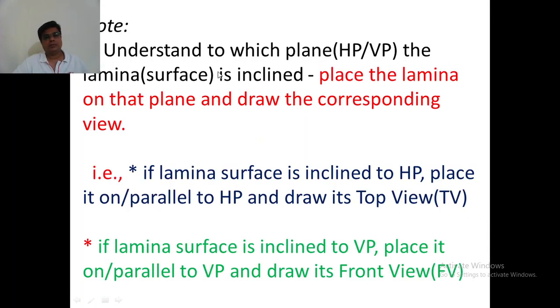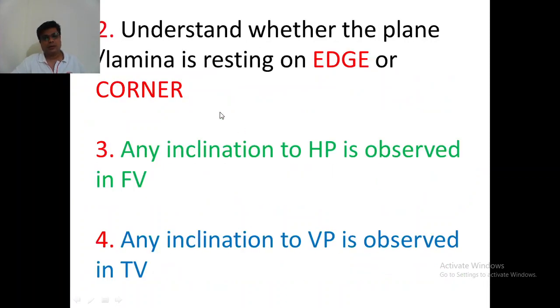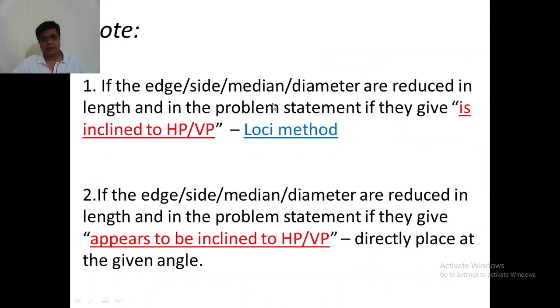Again, for all the problems, you should understand this note. We have already done a few problems and followed these points. Similarly, in this problem also you have to follow these points.